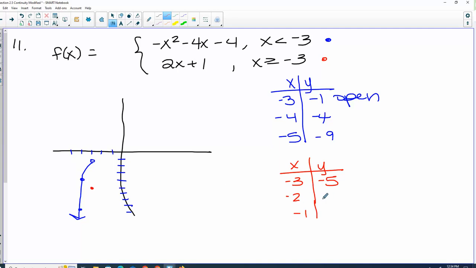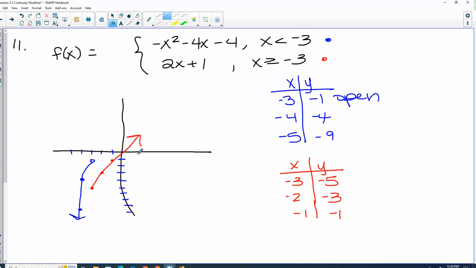If we put in -2, -3. So it started here, it's going this way.